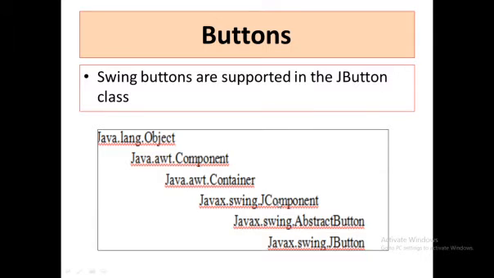Then in the JComponent class, the AbstractButton class is derived from the JComponent class, and then the JButton class is again derived from the AbstractButton class. This is the hierarchy of the JButton class.